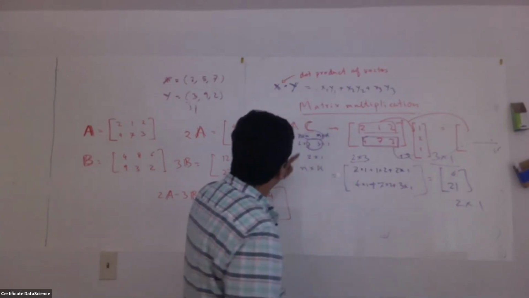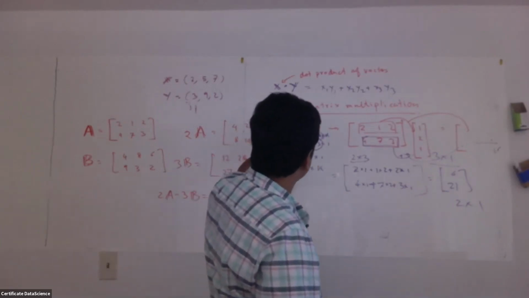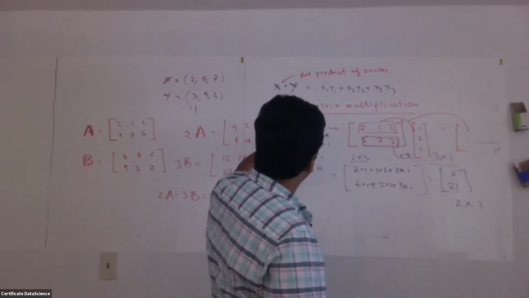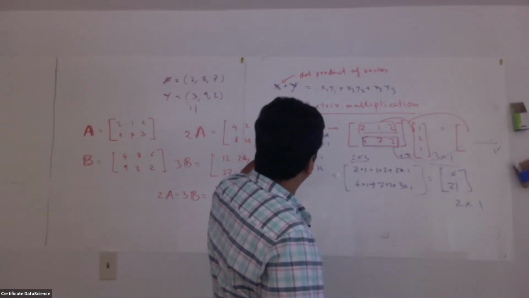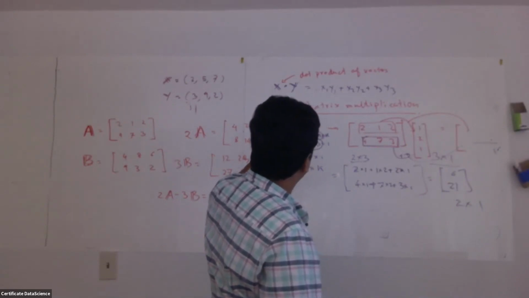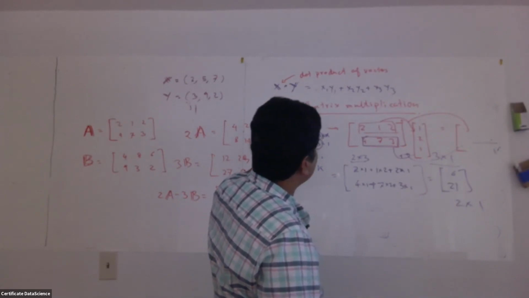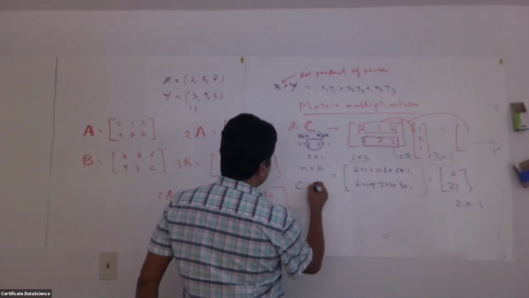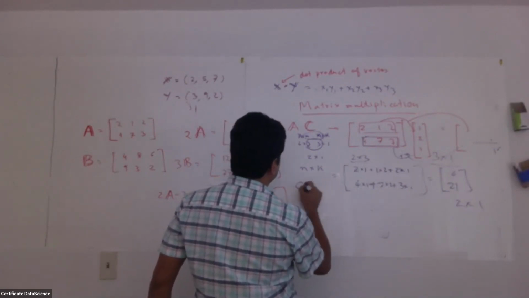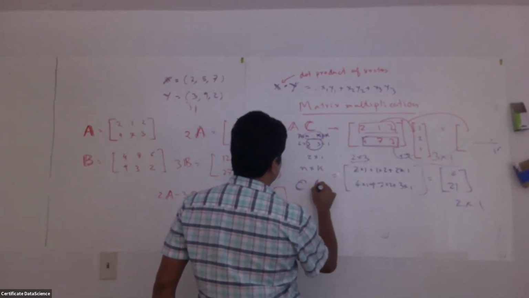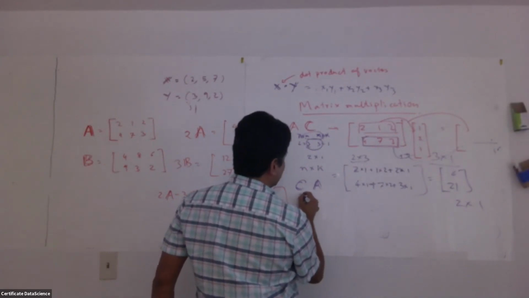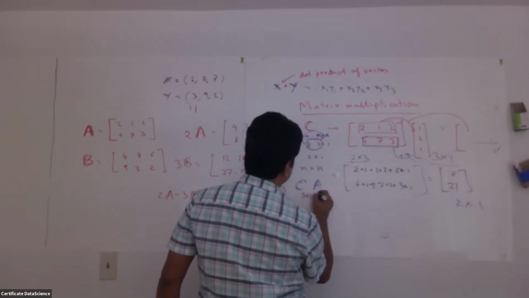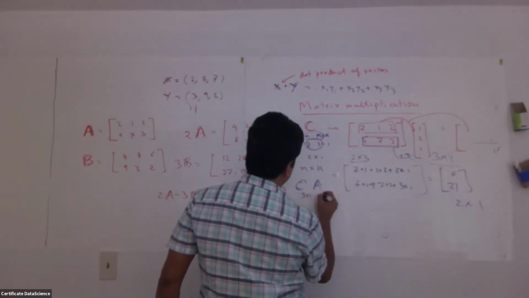So that means when you want to do matrix multiplication, you have to make sure the first guy's column dimension should be the same as the row dimension of the second guy. As a result, you may not be able to do this. For example, here, C, if I flip it, C is this, 3 by 1, and this is 2 by 3.